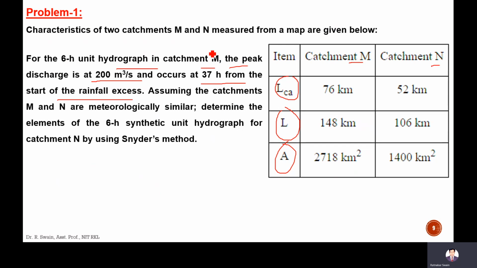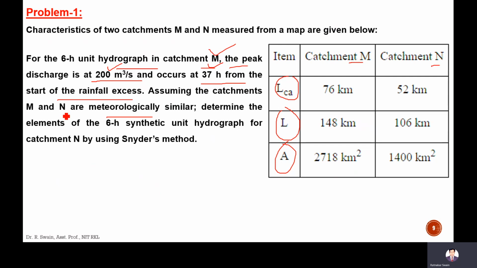So for this catchment M, QP and TP are given. Assuming the catchments M and N are meteorologically similar means same humidity, same type of temperature, rainfall similar, and the quantity, magnitude and intensity of rainfall we have to consider equal.